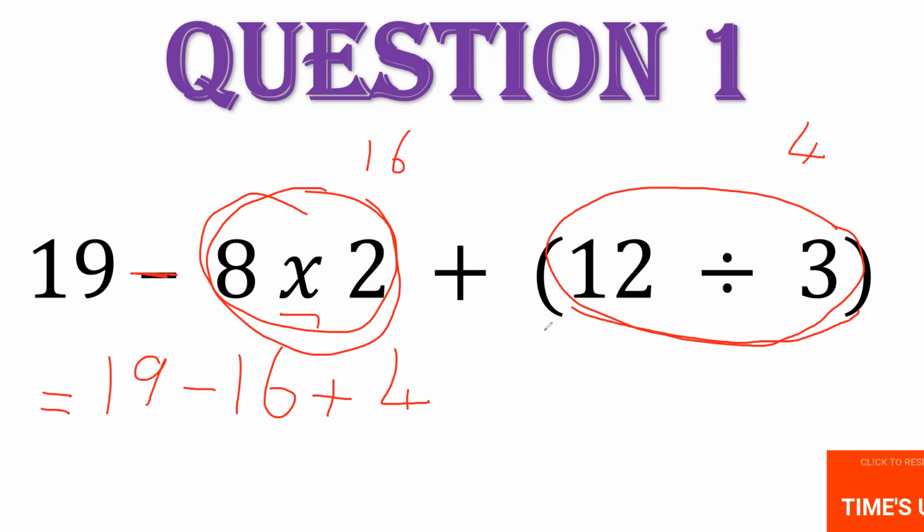After that, adding and subtraction. So we can write 19 minus 16 is equal to 3, plus 4, getting 7. If your answer is 7, your answer is correct. Otherwise, please double check.